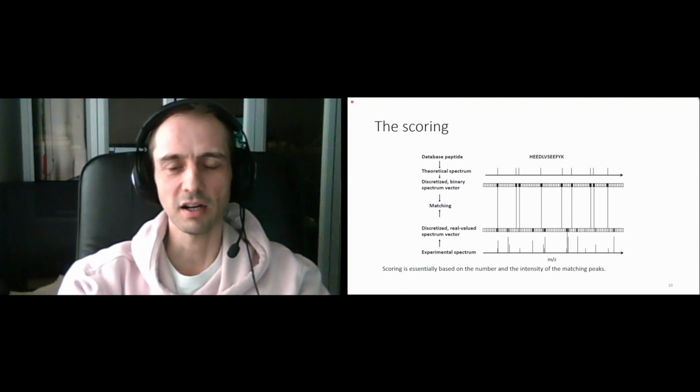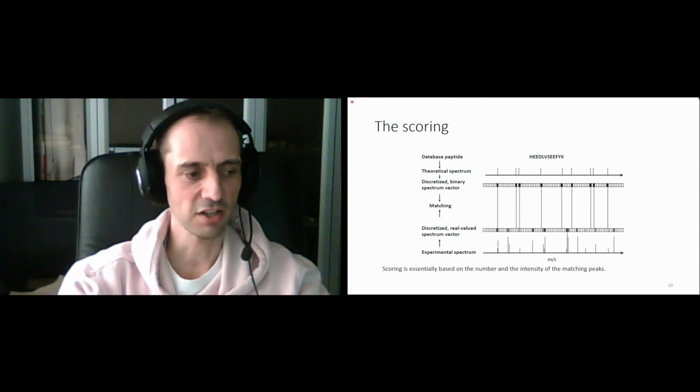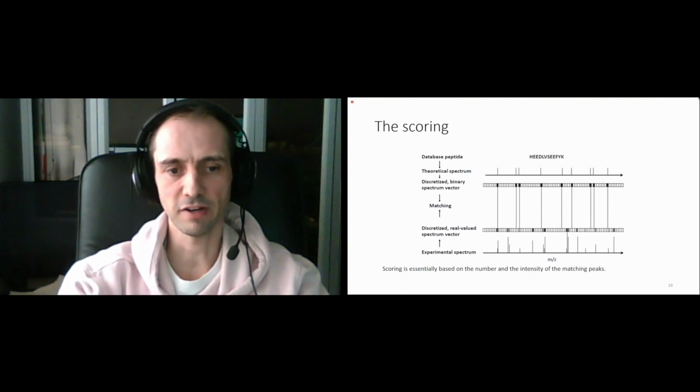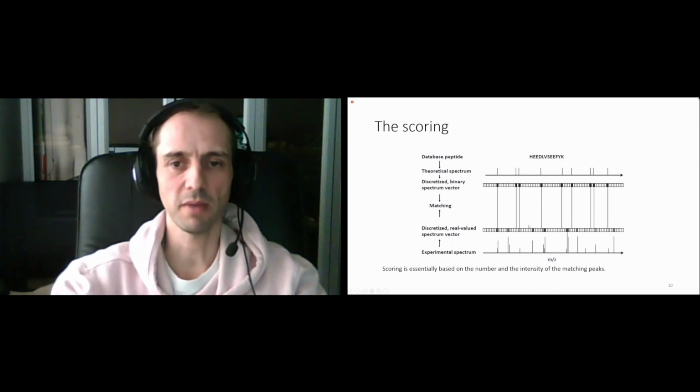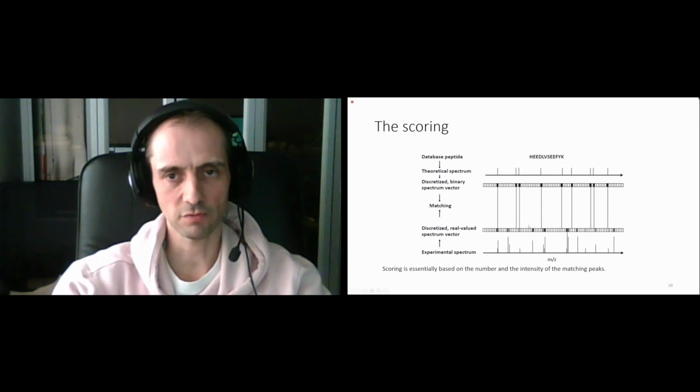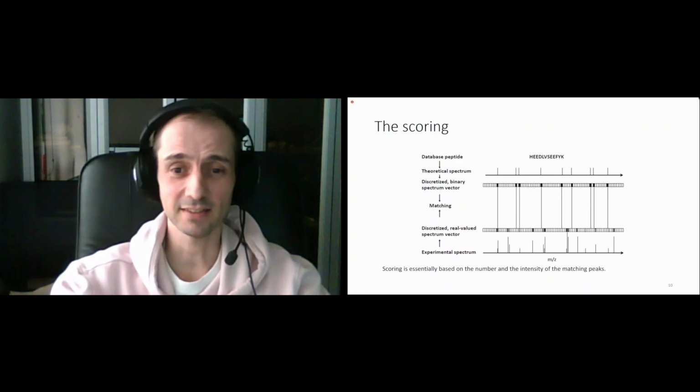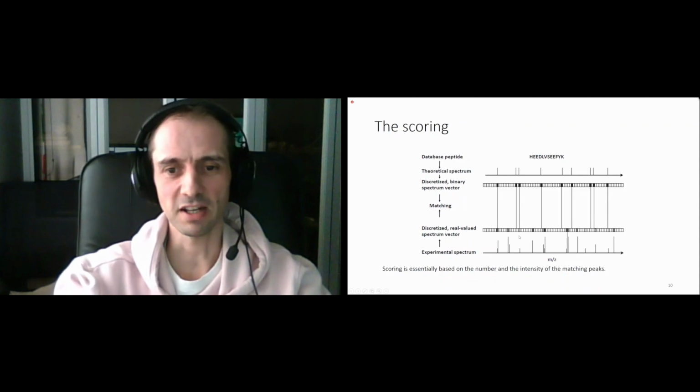Of course, there are more accurate scoring functions. For example, you can take into account the intensity of the peaks. So you can measure the similarity or the match of the experimental and theoretical spectrum by the sum of the intensity of the matching peaks.